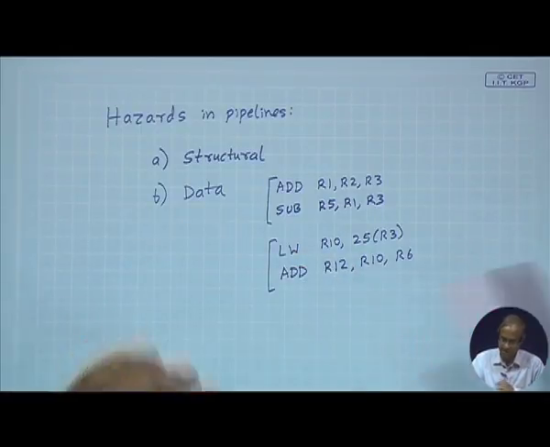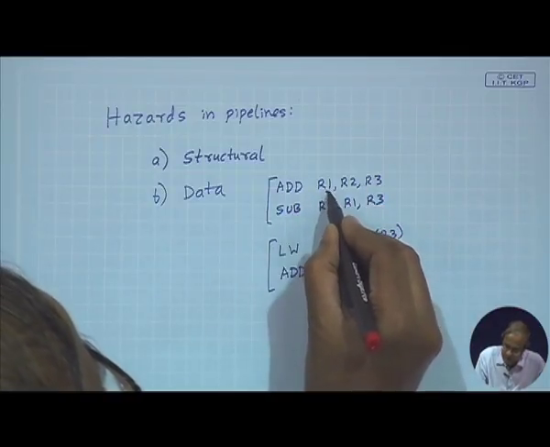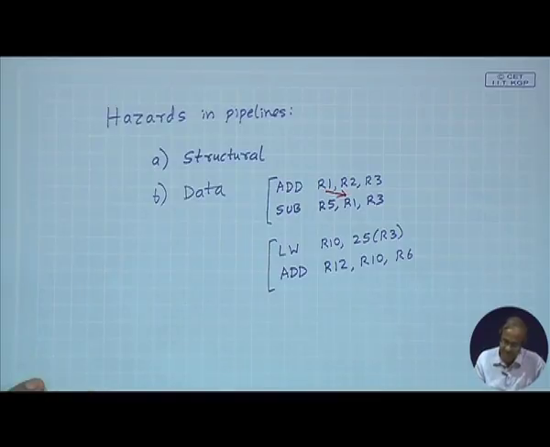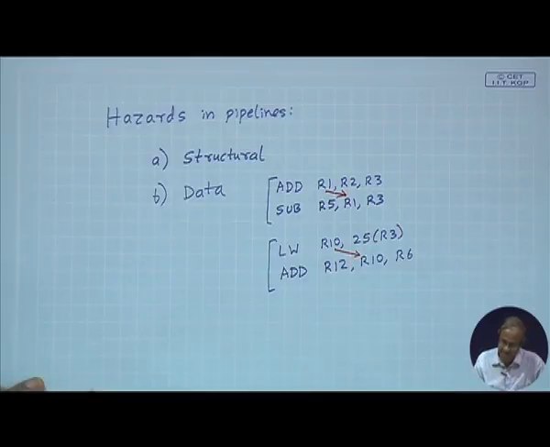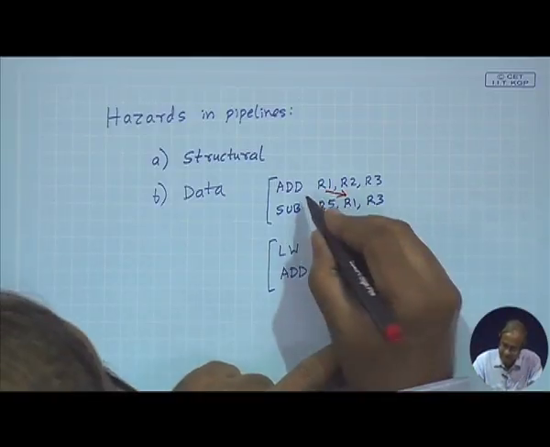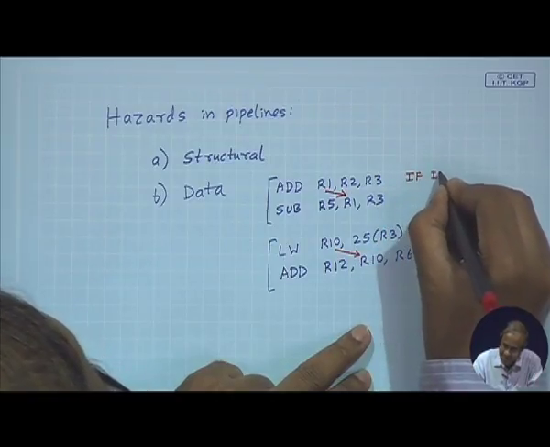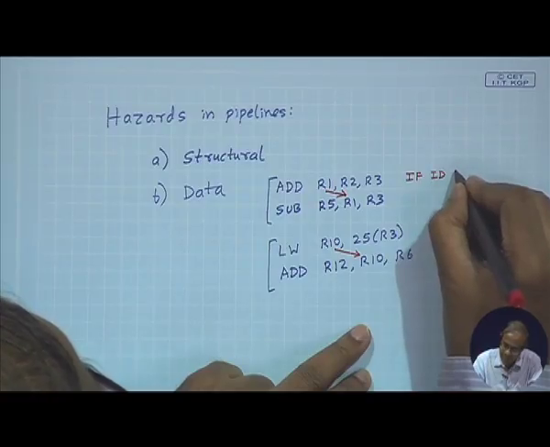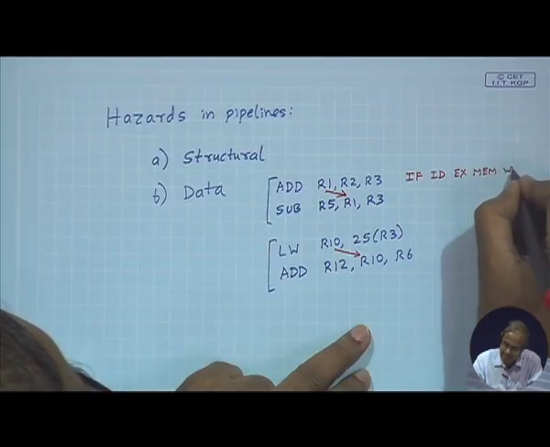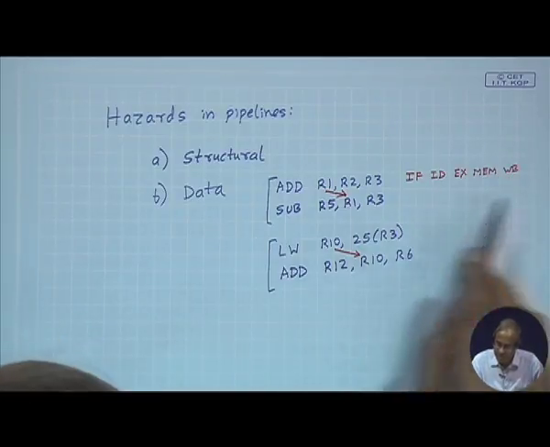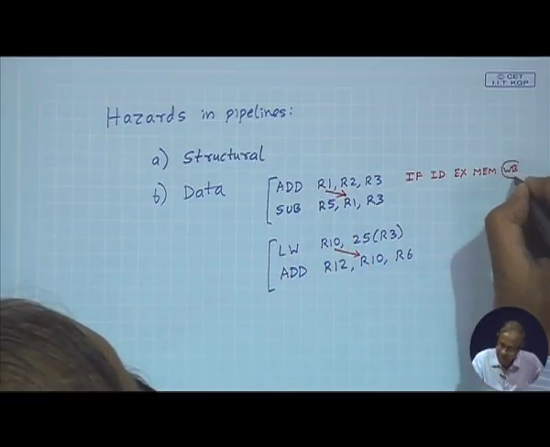You see one thing, here the first instruction is generating R1 which is being used in the second instruction. Here it is generating R10, used in the second instruction. The first instruction add goes through instruction fetch, instruction decode, execute, mem, then write back. Under normal circumstances this R1 result will be written only during WB.